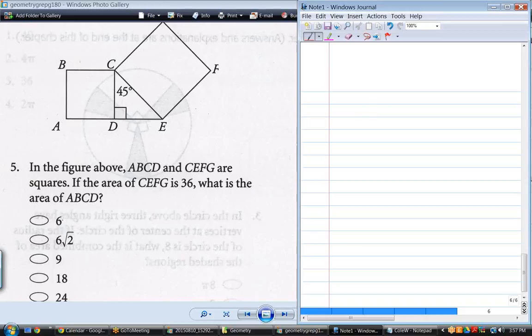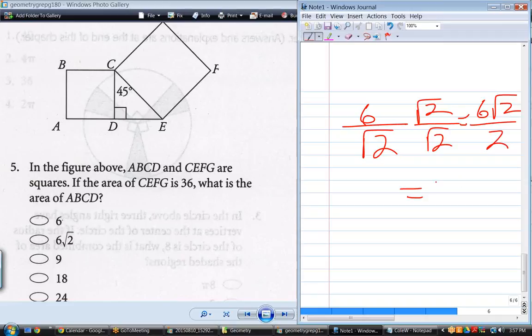Had I needed to worry about it, let's just review. I'm going to multiply that by square root of 2 over square root of 2. And that would become 6 square roots of 2 over 2, or 3 square roots of 2. So I could have done that whole process and worked with that, and then squared this, but notice that's 9 times 2, 18, same answer, but I saved myself a whole bunch of steps by not having to rationalize it, merely because that was not the final answer.